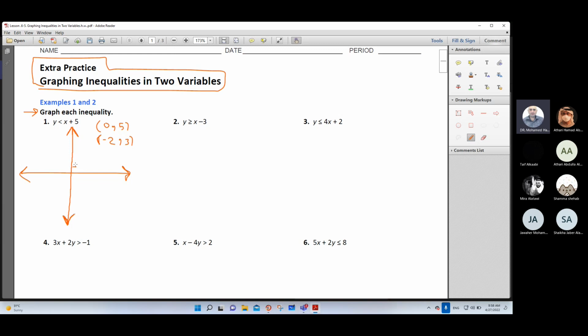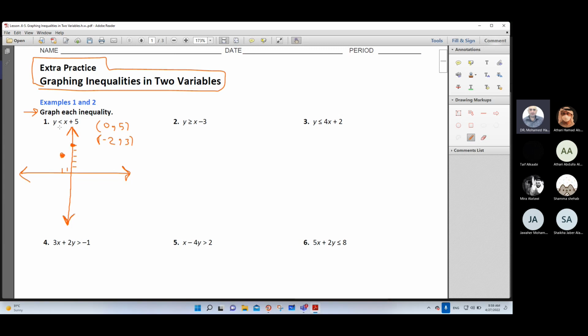Here 1, 2, 3, 4, and this is 5. Then -2 in x, here -1, -2 in x, 3 in y: 1, 2, 3. So the second point will be here.